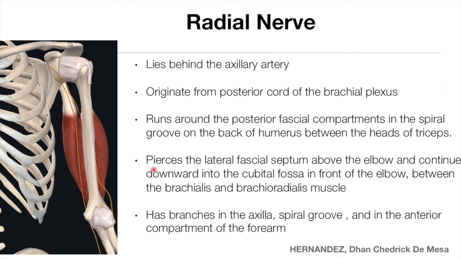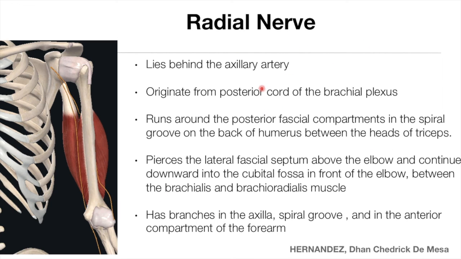And the radial nerve pierces the lateral fascial septum above the elbow, and continues downward into the cubital fossa in front of the elbow between the brachialis and the brachioradialis muscle. Now, it has branches in the axilla, spiral groove, and the anterior compartment of the forearm. So later on, I'm going to show you the branches.